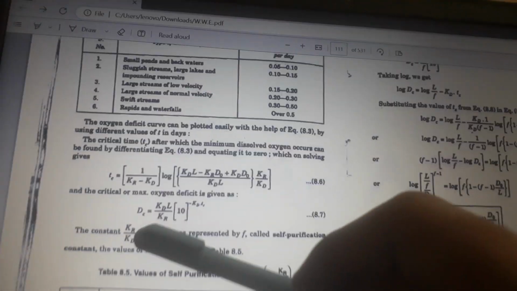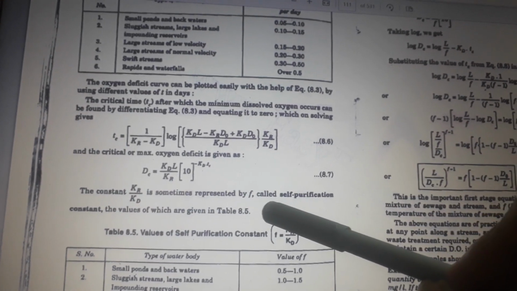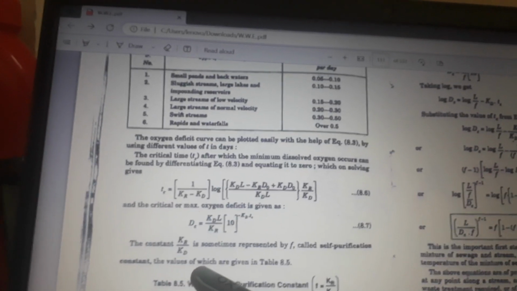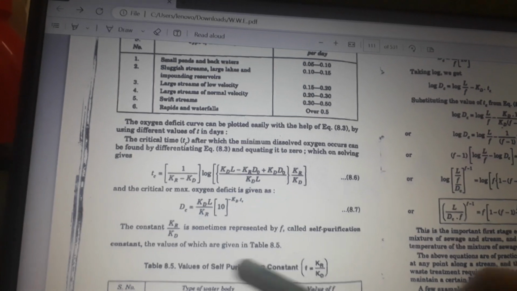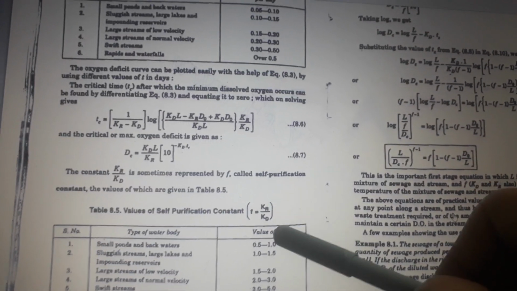The constant Kr by Kd is sometimes represented by F, called the self-purification constant, the values of which are given in table 8.5. The self-purification constant F is equal to Kr by Kd.